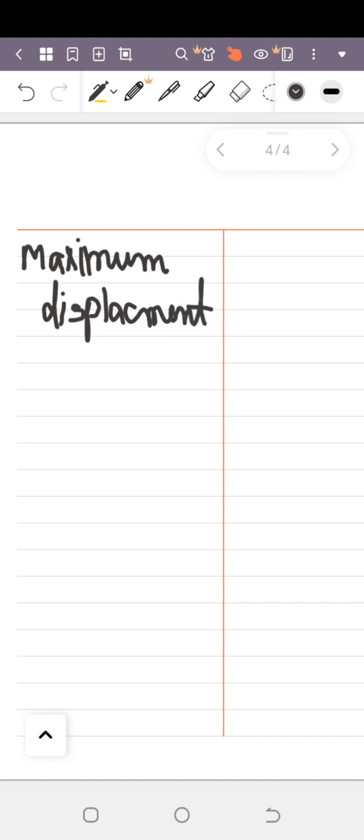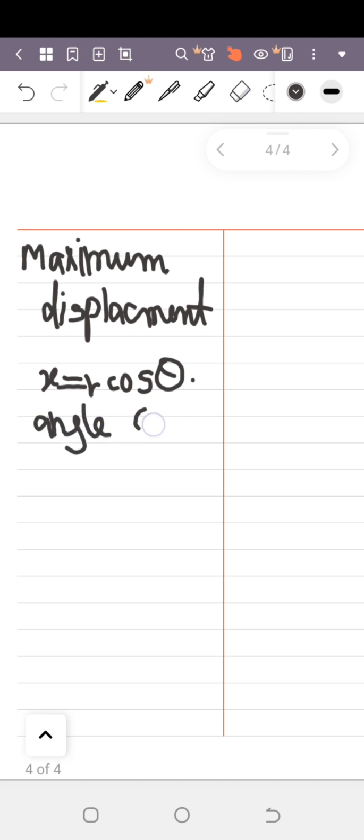Okay, so in the maximum displacement, if the angle is 0, this means x is equal to r cos theta becomes x equal to r, because cos 0 is 1. So the displacement x becomes equal to the radius. Remember, when x, the displacement, is equal to the radius and the angle is 0, it will be the maximum displacement.